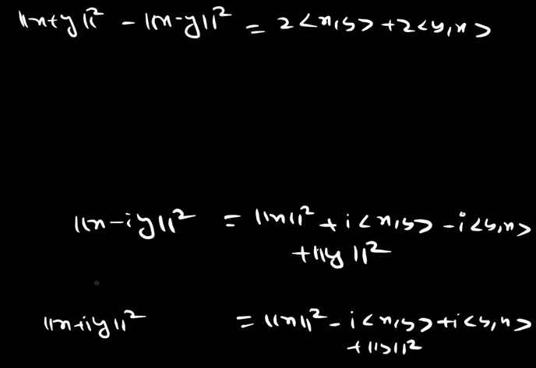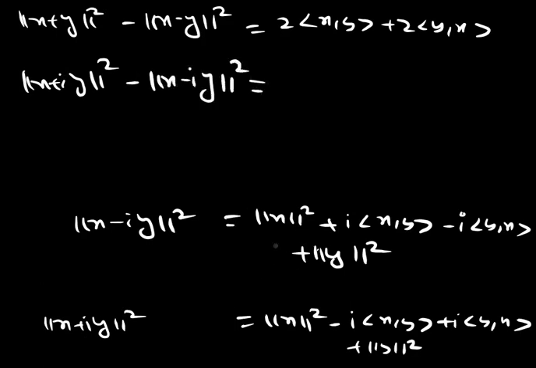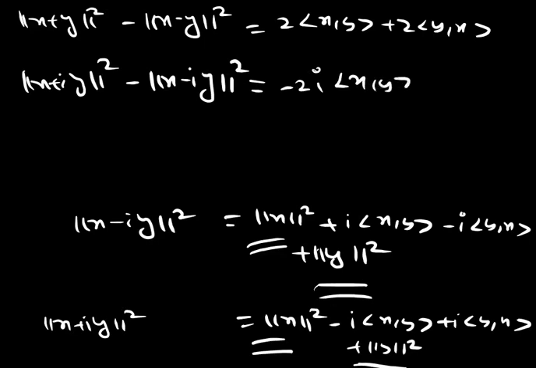If you take subtraction of these two things, norm of x plus iy whole square minus norm of x minus iy whole square, this term cancels with this thing, same sign, this term cancels with this thing, so this is minus 2i inner product of x with y, and this minus this thing becomes plus sign, plus 2i inner product of y with x.